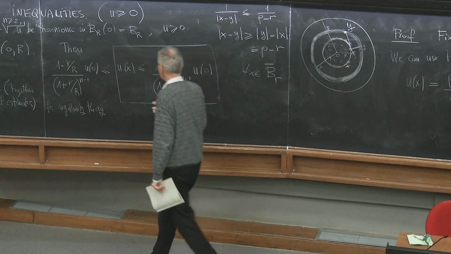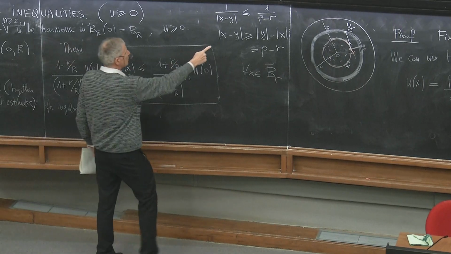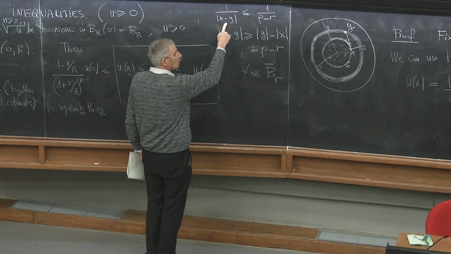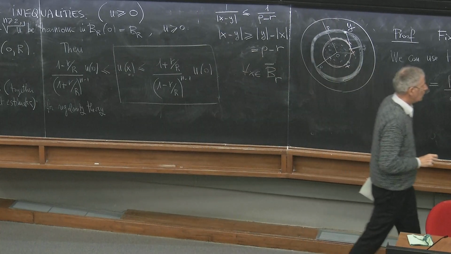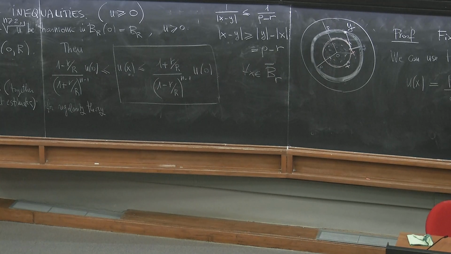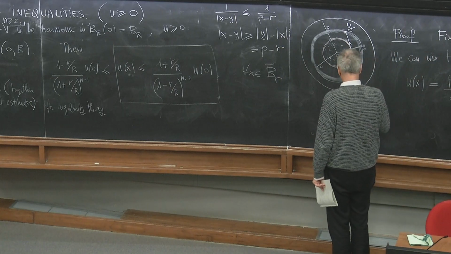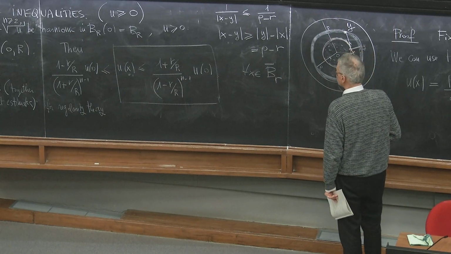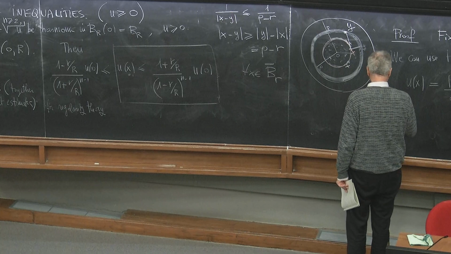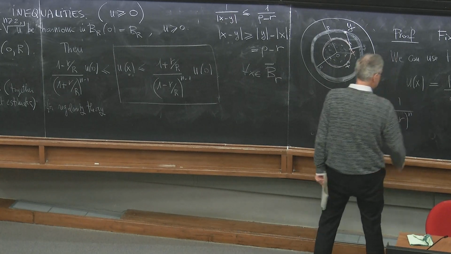If I want to go in this direction, I have to bound this from above, and so this from below. In any case, let's try to go on, even if time is almost finished. So now we have bounded this, so we have that for any x and y there, 1 over |x minus y| to the power of n is less than or equal to 1 over (rho minus r) to the n.